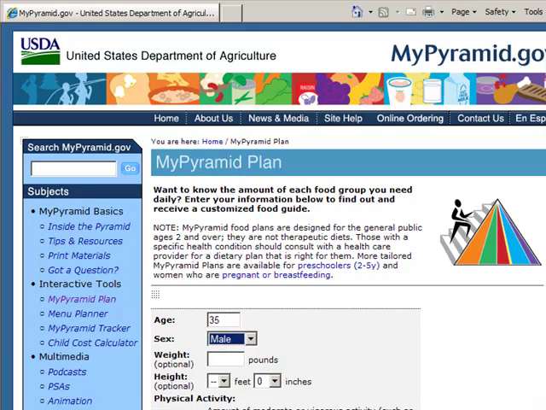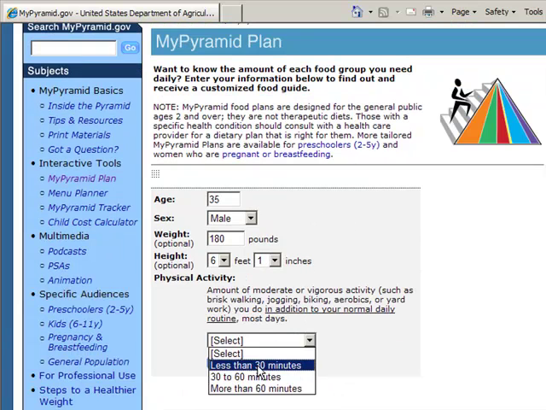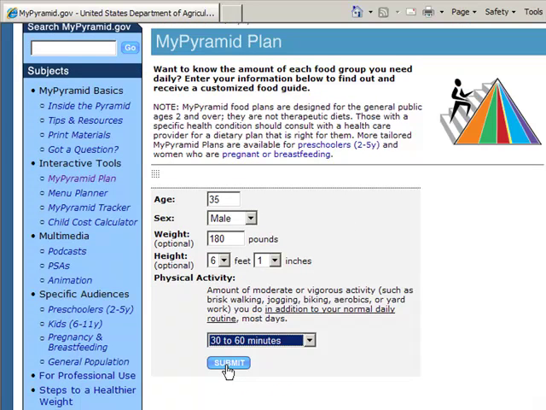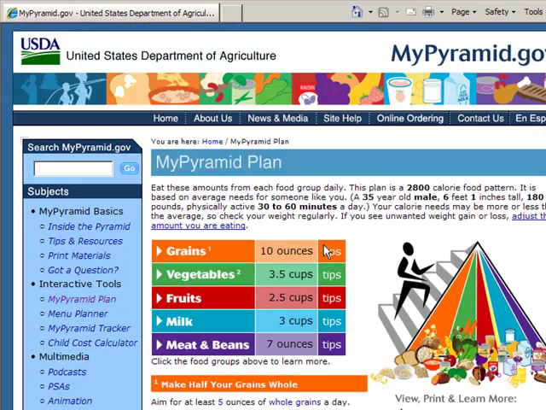Now I won't be seeing this, but I want you to email me the response you get to this. So go ahead and fill this out with what you are today and what your current level of physical activity is today. And then I want you to write down the number of calories that are recommended for you. For me it's 2,800.